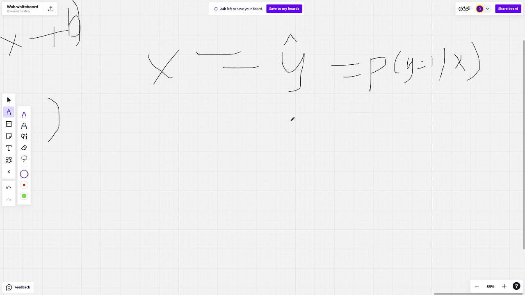That will be our base equation, where y hat is the estimate of y, and this is the probability of y equal to 1 given the input features x.